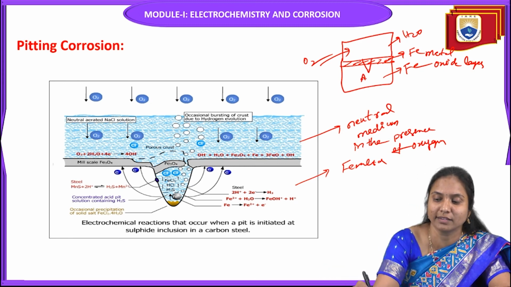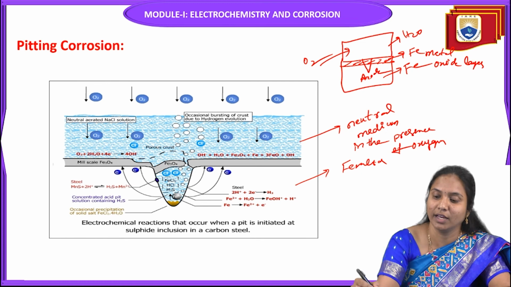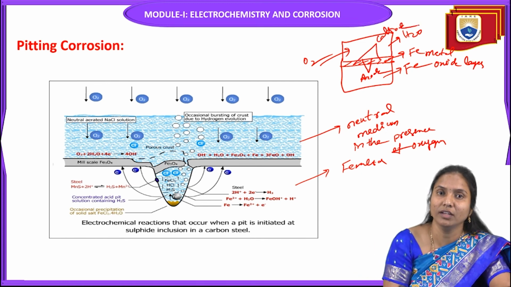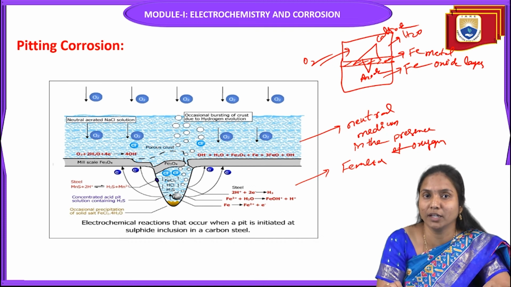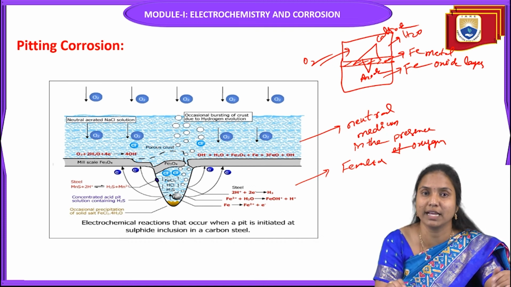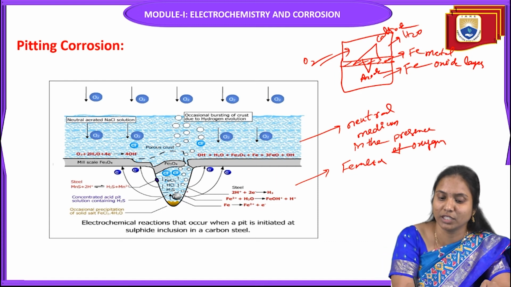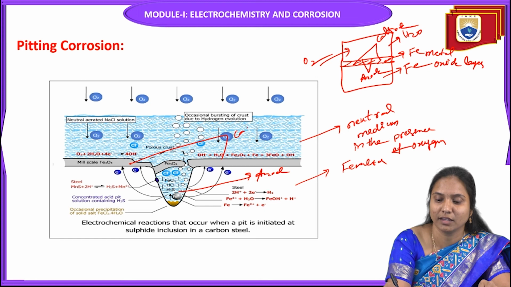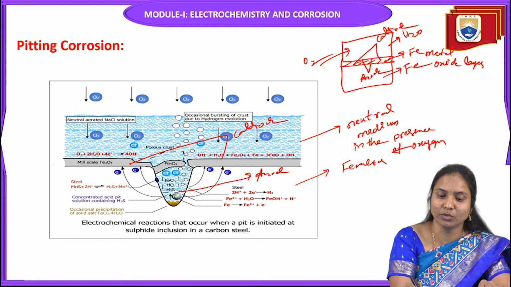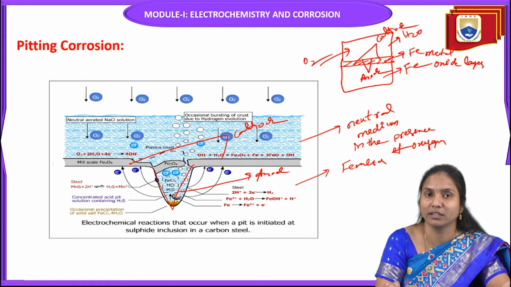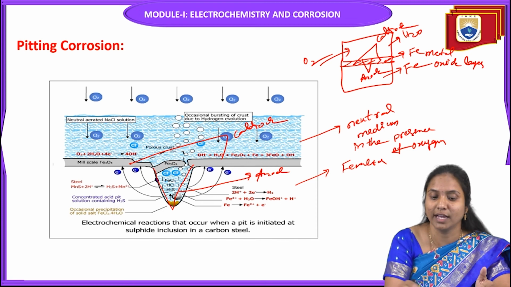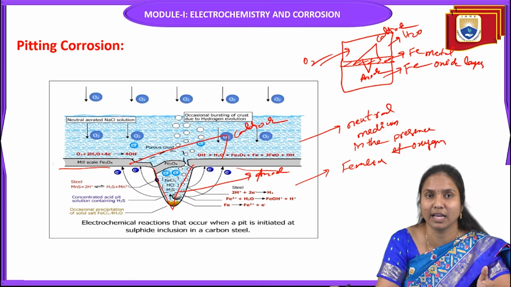That cracking part acts as anode and the rest of the part acts as cathode. So in pitting corrosion, a small anodic area and a large cathodic area are present. Any pits or cracks formed on the metal oxide layer easily undergo corrosion, so that part acts as anode and the rest acts as cathode.